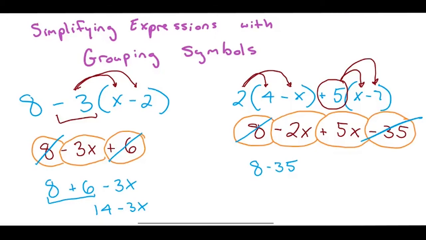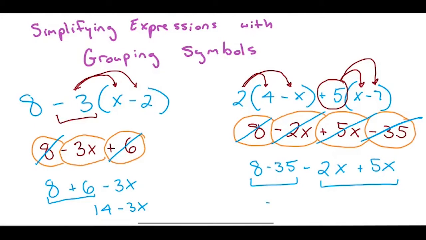So then my next term is -2x. So cross that -2x off. And the other term that is like that is the +5x. So I combine my like terms. I get 8 minus 35.